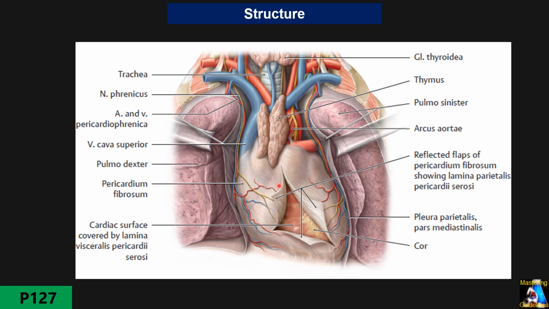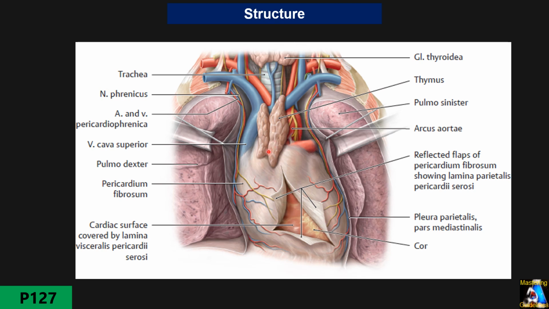Before I go into more detail on the pericardium structure and function, I have to mention some clinical points here. As you can see, the heart is in the mediastinum, surrounded by two lungs, posteriorly by the vessels, esophagus and vertebra, and in front by the chest wall.